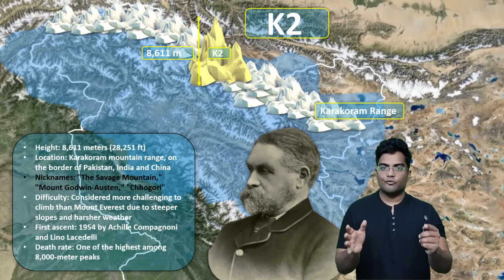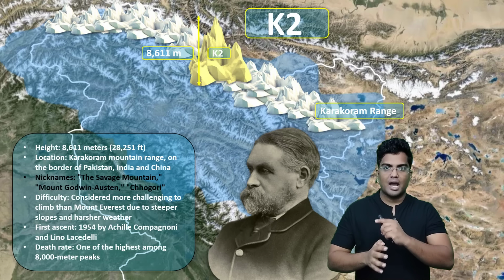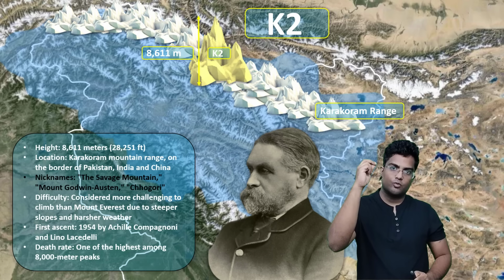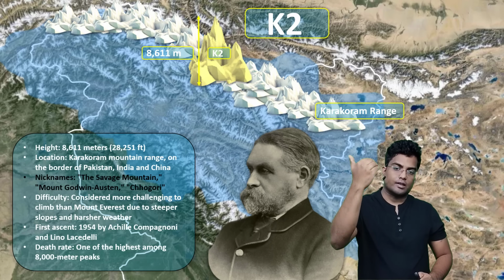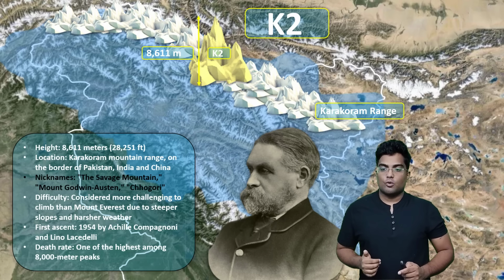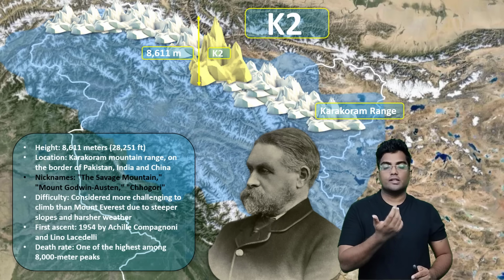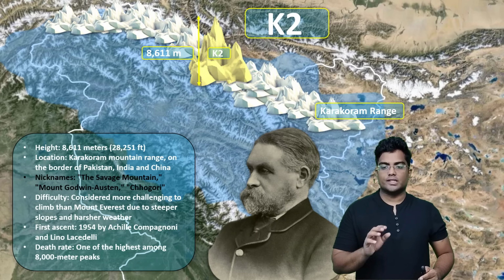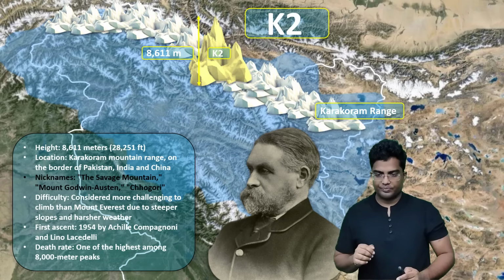He actually went around the whole area and mapped it. There were two other guys who actually scaled K2. There are other names like the Savage Mountain, Mount Godwin-Austen, and Chogori. We are only interested in Godwin-Austen and K2.